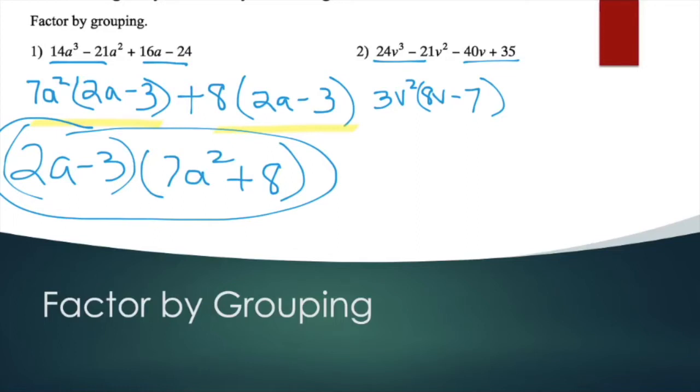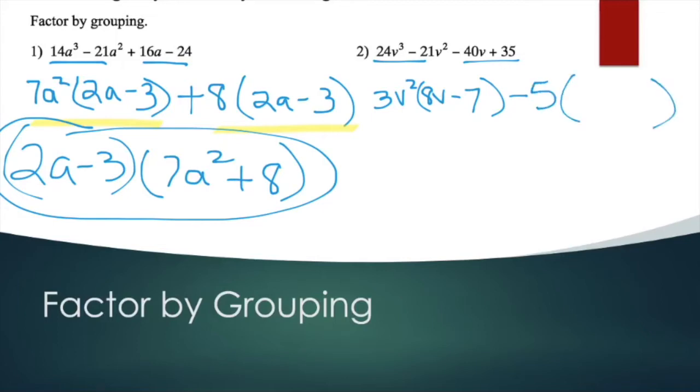You took 3 out of both of them. The next one, be careful. There's a negative right there, so be very cautious. I'm bringing the negative down, but that actually means I'm taking a negative out. What can I take out of 40v and 35? 5.